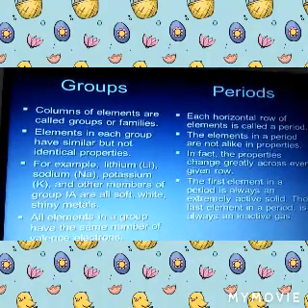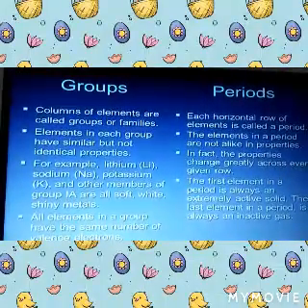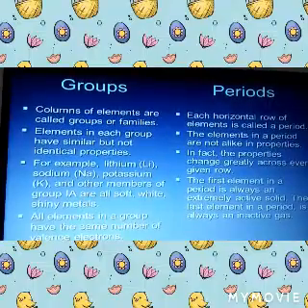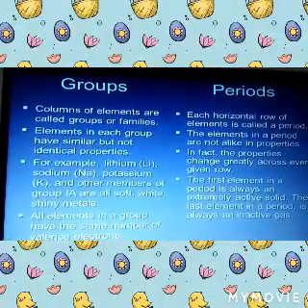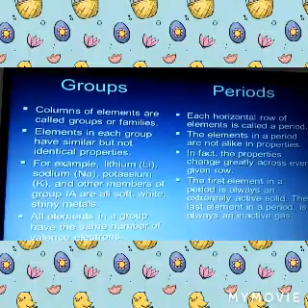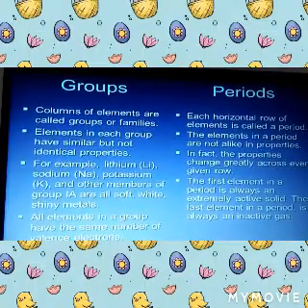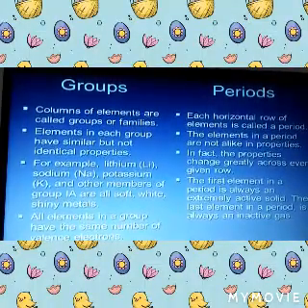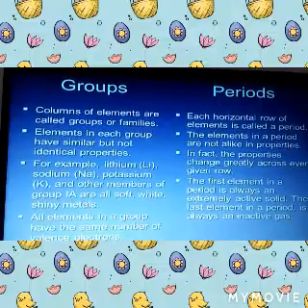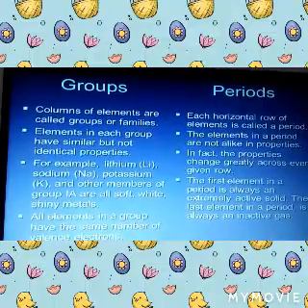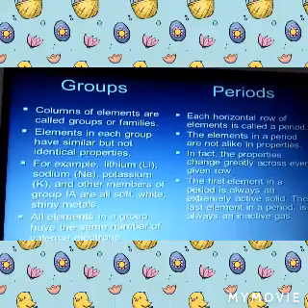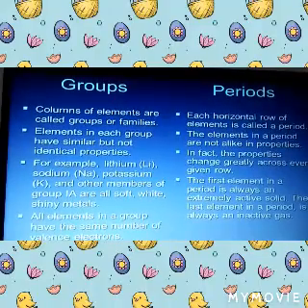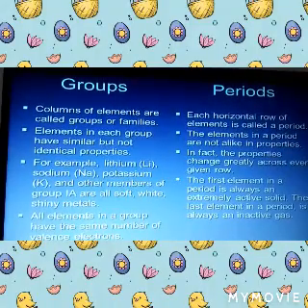Now, what are groups and what are periods? Just differentiate between them, as it's a little bit confusing when writing an exam. Groups: columns of elements are called groups, or we can say families. Elements in each group have similar but not identical properties. For example, lithium, sodium, potassium and other members of the group are all soft, white and shiny metals.